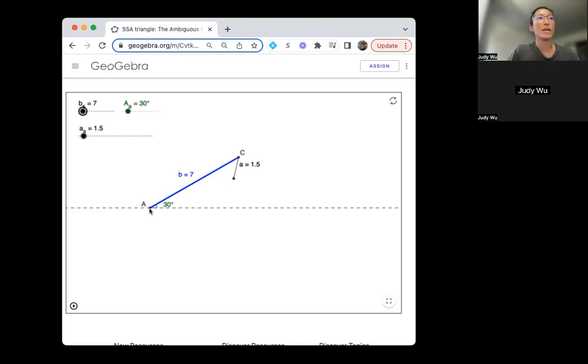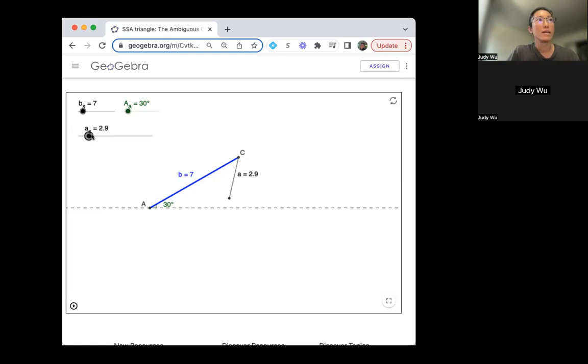So if we look at the way the triangle is right now, we kind of see that little a is just hanging out. Like it doesn't touch this bottom line, the dotted line, which means like if little a was just 1.5, we wouldn't have a triangle. But let's see what happens as we change this. If I make little a 2.9, I still don't have a triangle because it doesn't connect down to that bottom dashed line, okay?